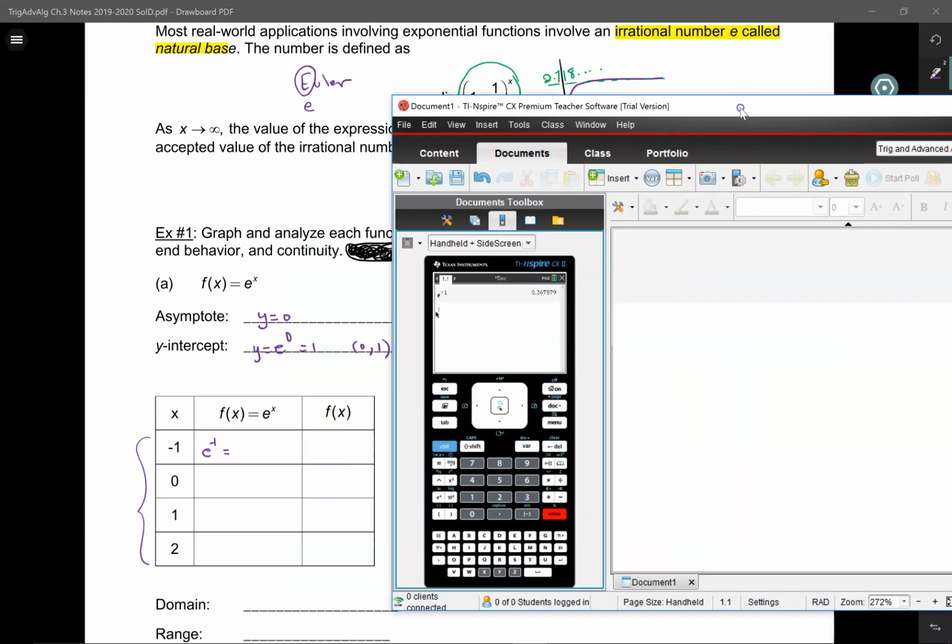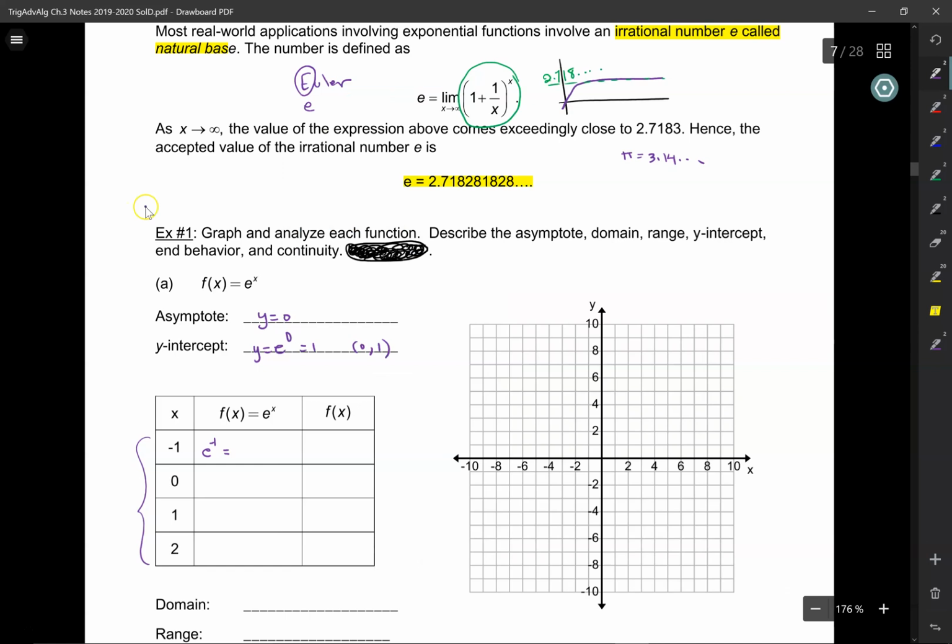Okay, so it's enough to just do 0.37. Then I have e to the 0, that's just 1. e to the 1, remember e is 2.7, so that's just 2.7. e squared, if you put it in the calculator again, is 7.4.